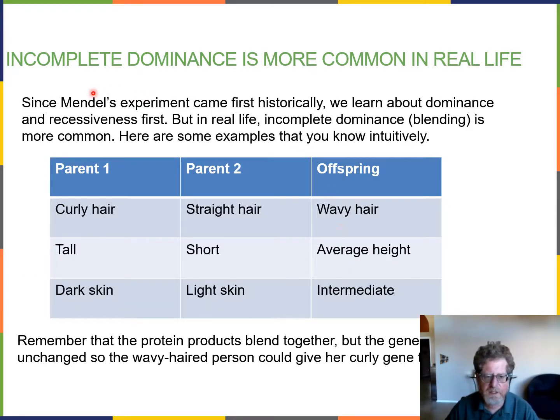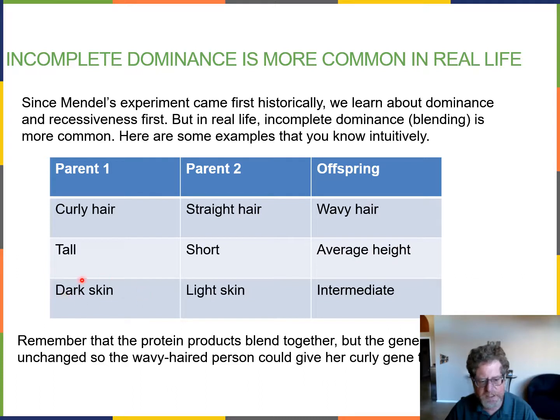And we sort of know this intuitively, that incomplete dominance is pretty common. So if you have a parent with curly hair and straight hair, it's likely the offspring is going to get wavy hair, intermediate. If you have a tall parent and a short parent, it's likely the offspring will be medium height.